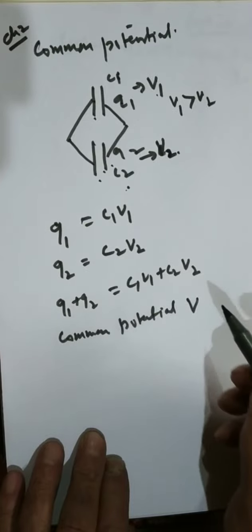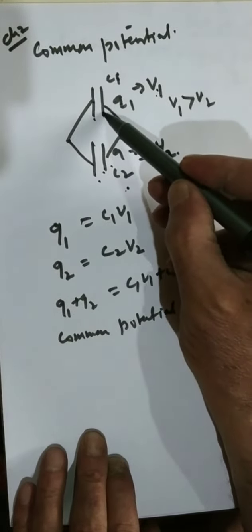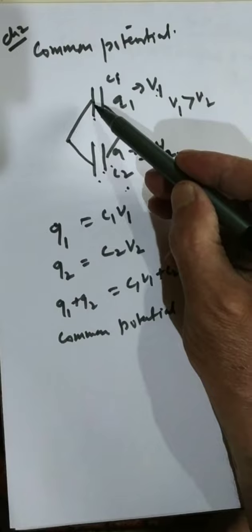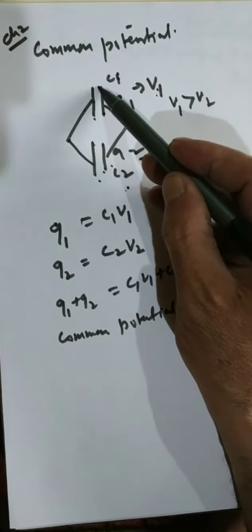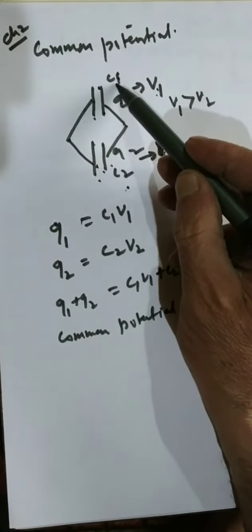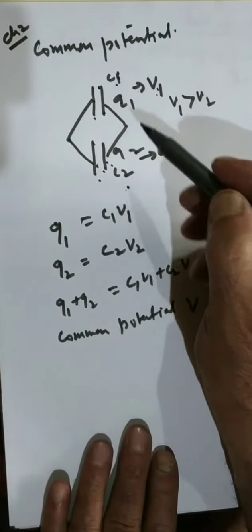That is V. So since C1 is at higher potential as assumed, the charge will flow from capacitor C1 to C2 till they acquire common potential.